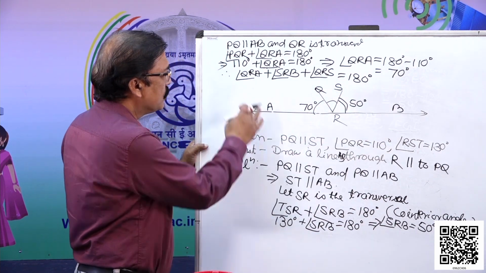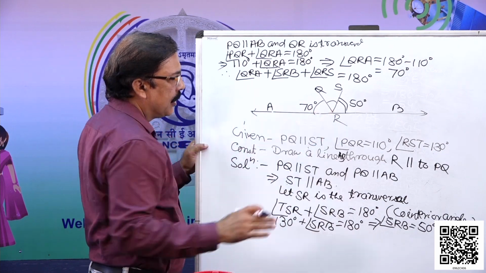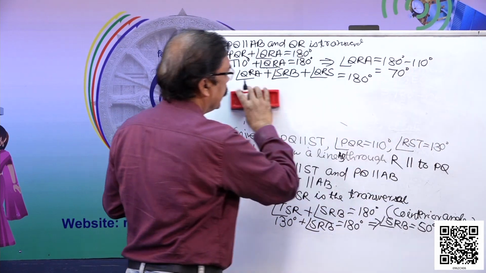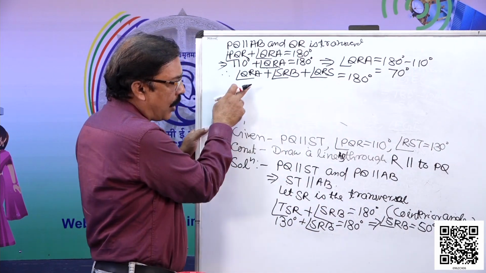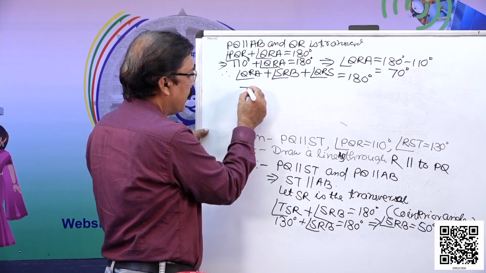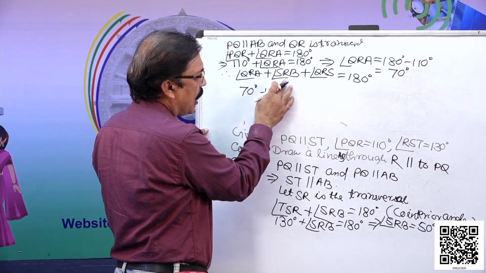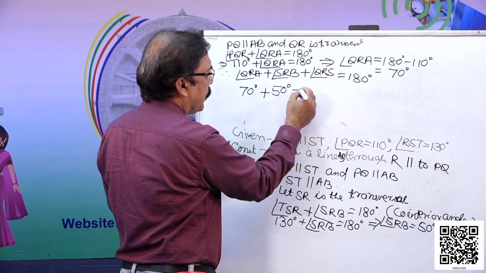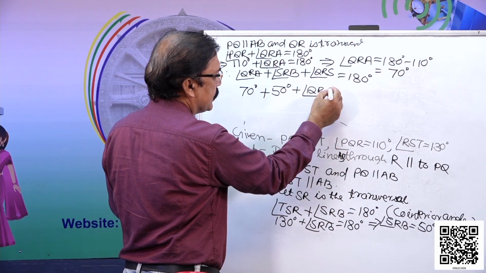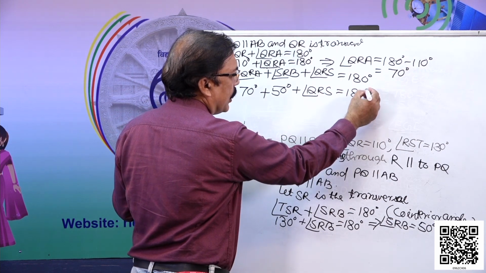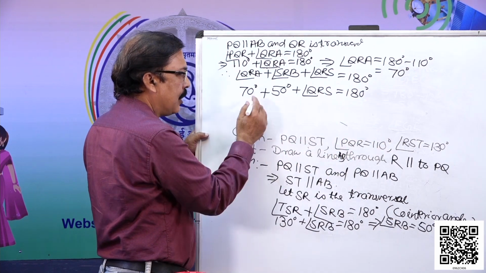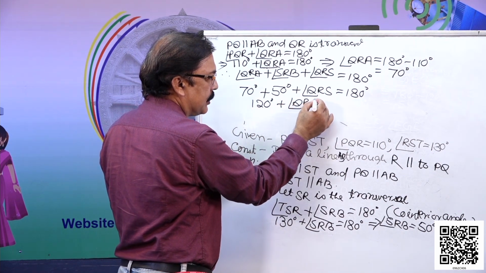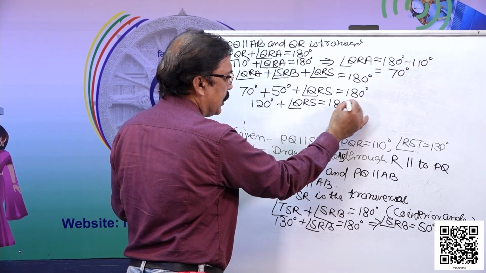Now put the values of QRA and SRB. QRA is equal to 70 degree and SRB is 50 degree, plus QRS is equal to 180 degree. Now this is 120 degree plus angle QRS is equal to 180 degree.